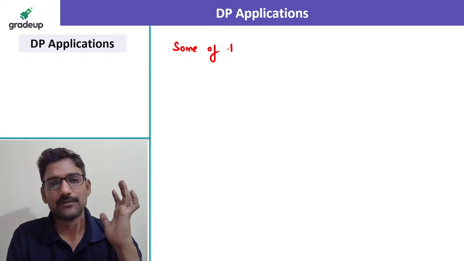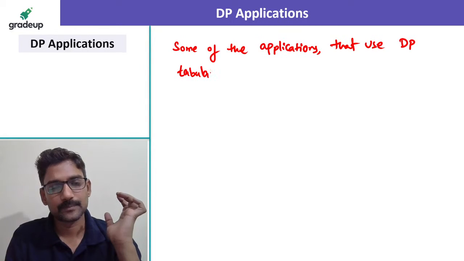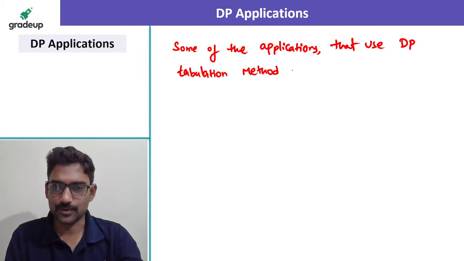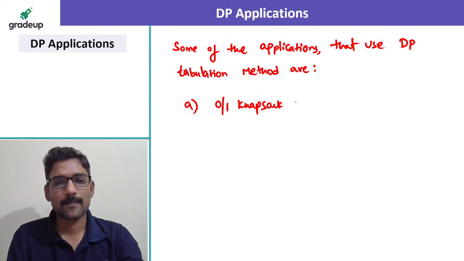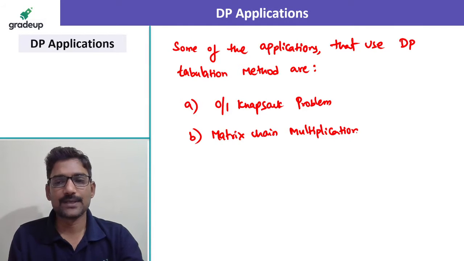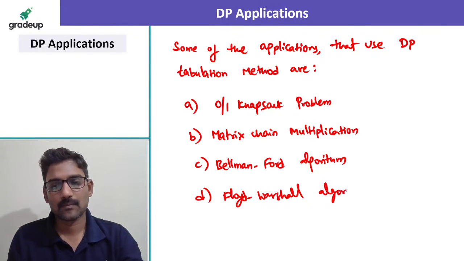I will just present some of the applications that use the dynamic programming tabulation method or bottom-up approach: the 0-1 knapsack problem, the matrix chain multiplication problem, the Bellman-Ford algorithm, the Floyd-Warshall algorithm, the coin change problem, and so on.